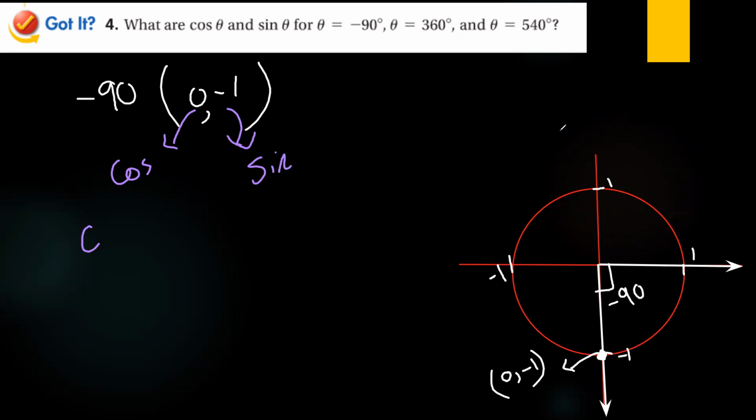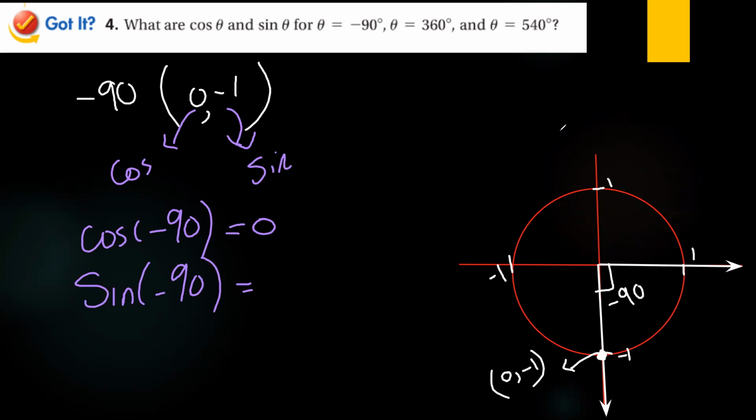So the cosine of negative 90 will be 0 and the sine of negative 90 will be negative 1. Is it clear?